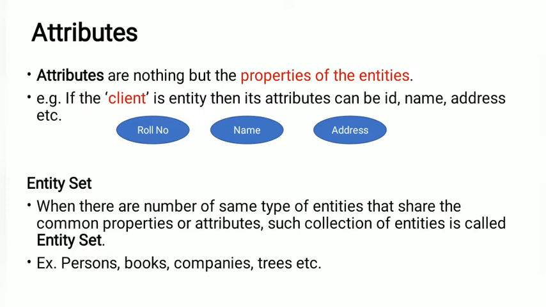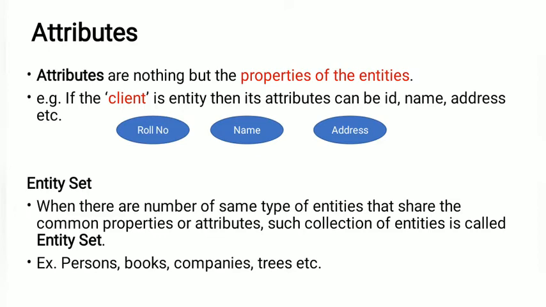For example, person, books having the same attributes or properties like name of person, address, contact number, age, like that. In simple words, attributes mean properties that describe the entities.